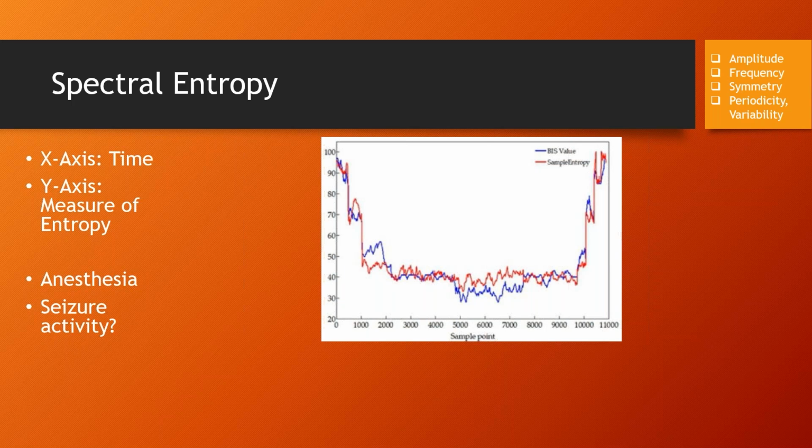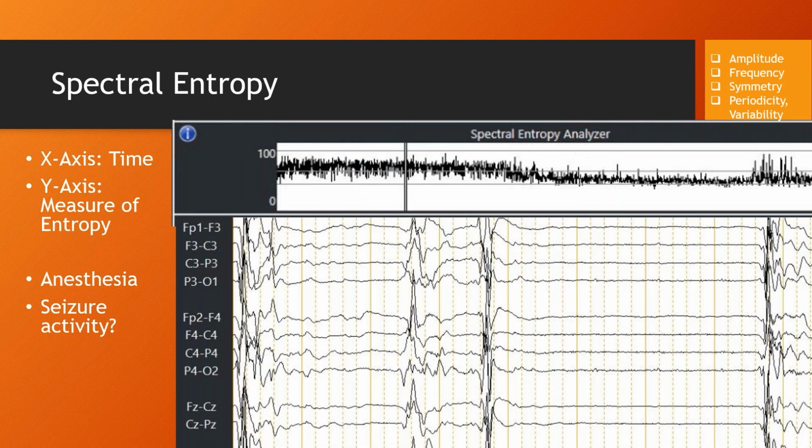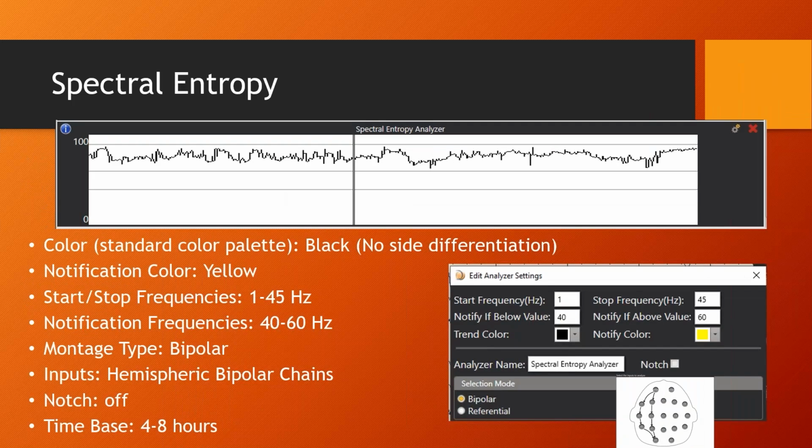And so you can see that the numbers drop out during that induction, and as you get into that burst suppression pattern, you see those numbers drop out. Here's a burst suppression EEG, and you can see the values do drop considerably with the burst suppression.